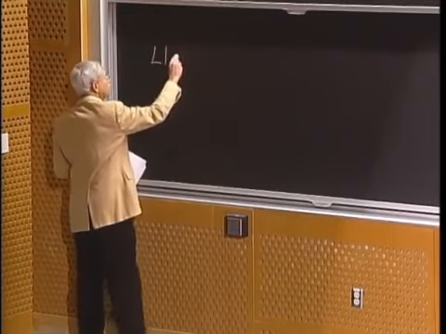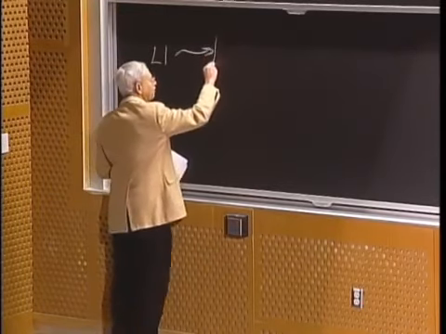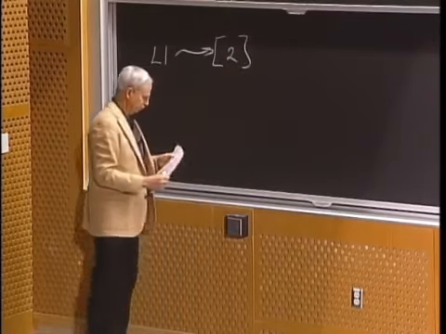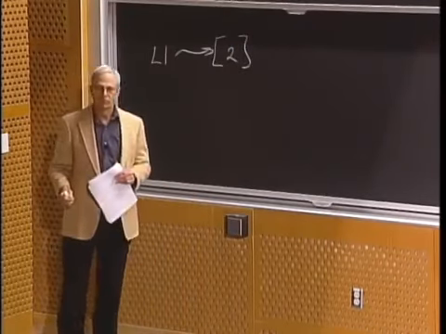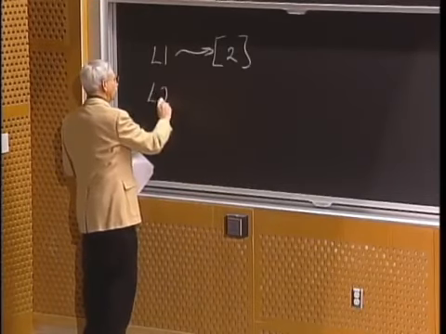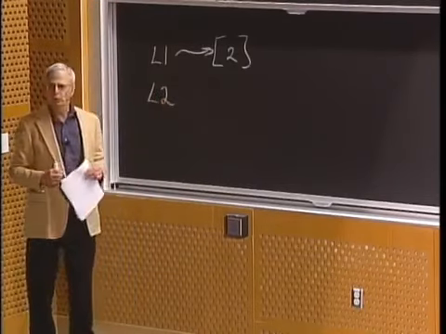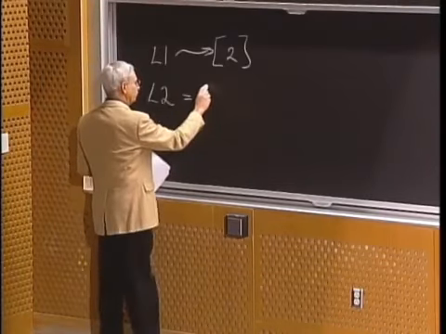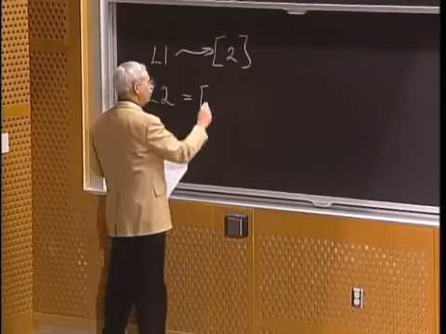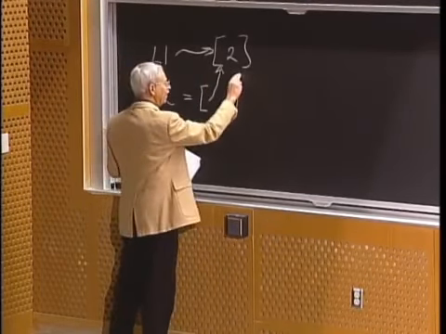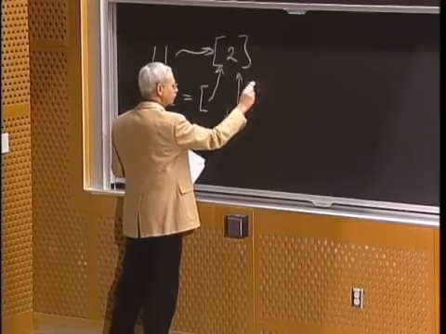So L1 will be bound to the list of length 1 containing the int 2. I'm then going to create another list, L2, which is going to be of length 2. And the first element will be L1, and the second element will be L1.